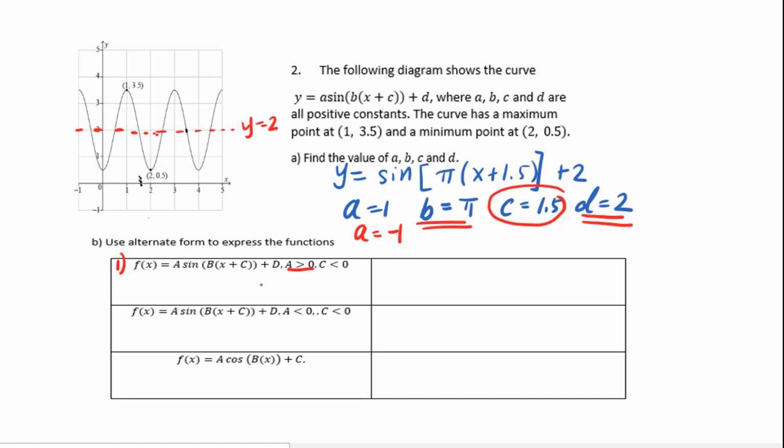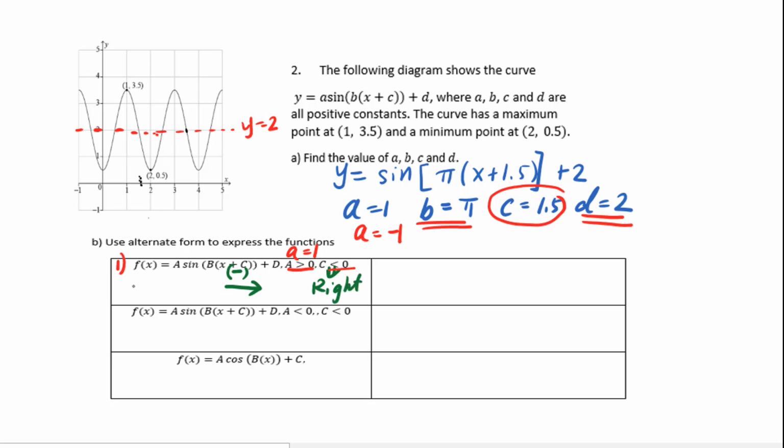A is positive, which means a equals positive 1. C is negative, which means, according to the transformation, inside there is a minus, so move to the right, which means this c will be on the right side of the origin.